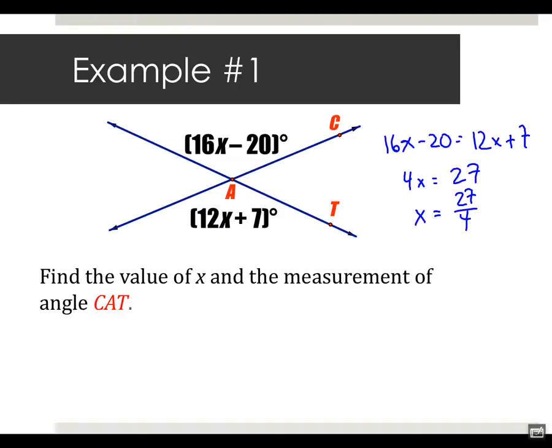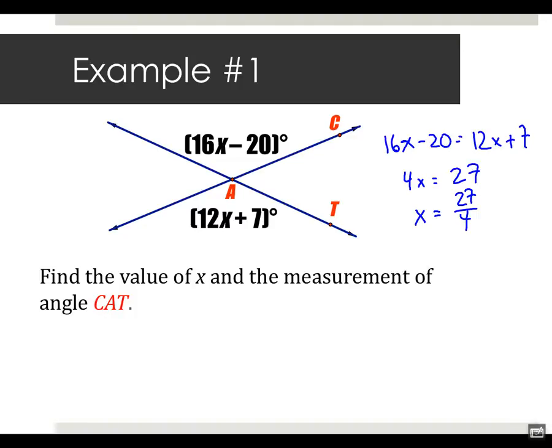Did I do something wrong? No, I got the same thing. No, we're good. Okay, solid. Oh, hold on. I have to find the measure of CAT. Now that I know what x is, how do I find CAT? You substitute x for the angle. Which one? It doesn't matter.